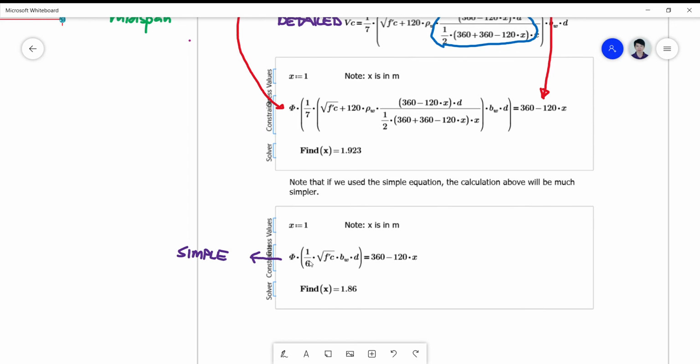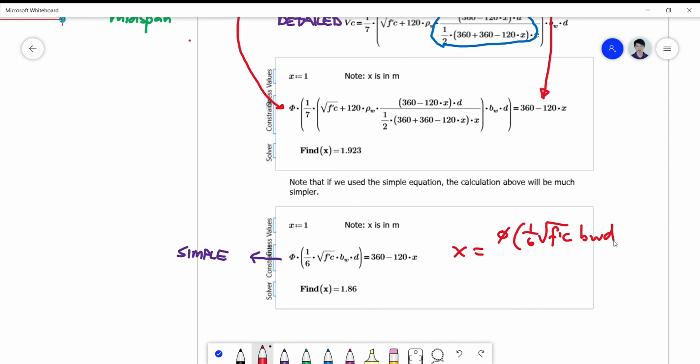So I just plug in 1 over 6 square root of f'c bwd times phi. I get 1.86. And this can be solved very easily by solving this value. And then we can take note that x is simply equal to phi times 1 over 6, all given f'c bwd. I think this is negative, so let's put this on the other side.